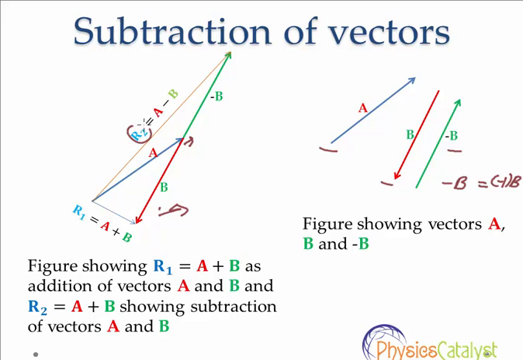Here vector R2 is equal to A minus B, which is the difference between the two vectors A and B, and vector R1 is equal to A plus B, which is the addition of the two vectors A and B.